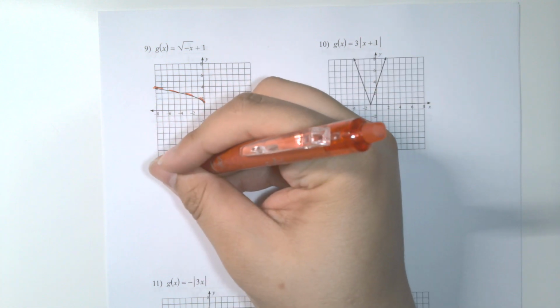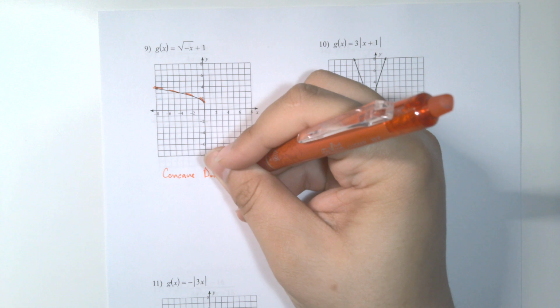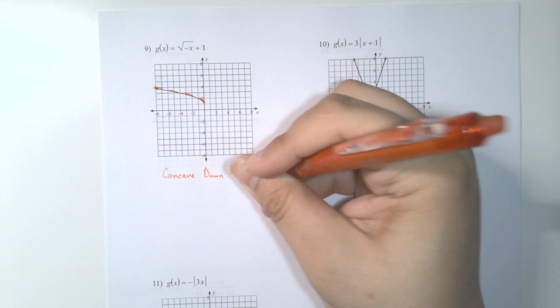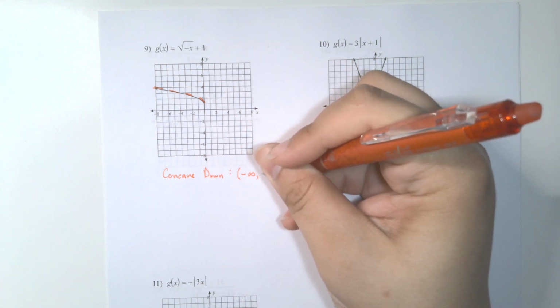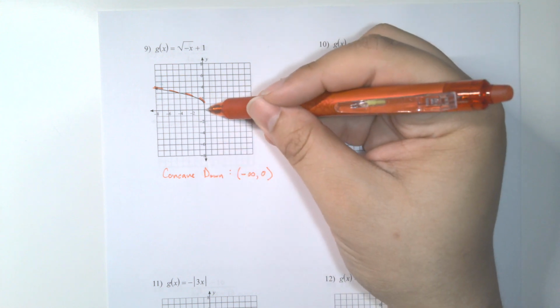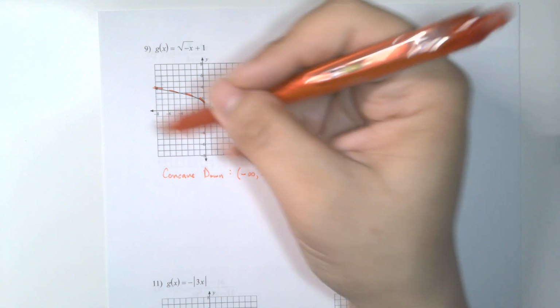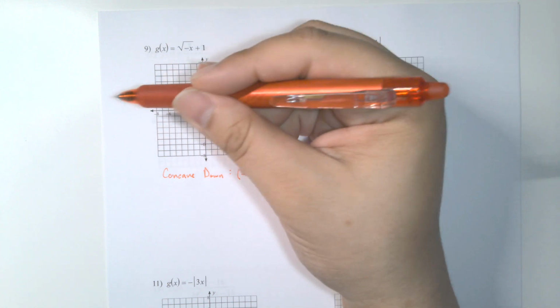And so we would say that this is concave down from -infinity to 0. Our x coordinate right here, 0, is where the function cuts off, and -infinity because it just keeps going that way.